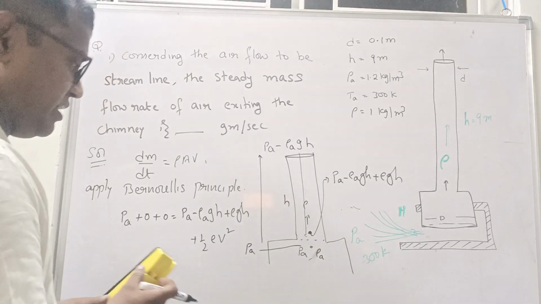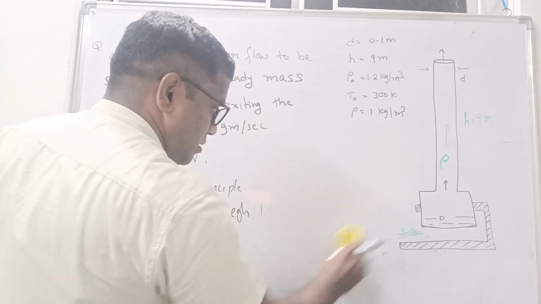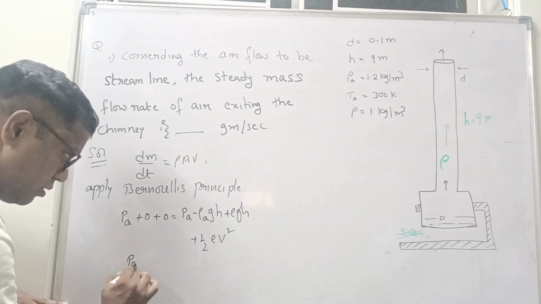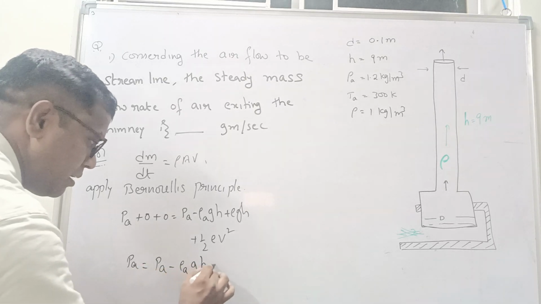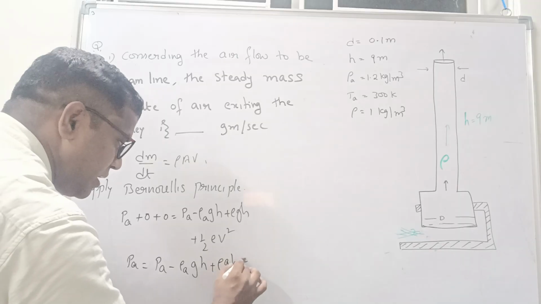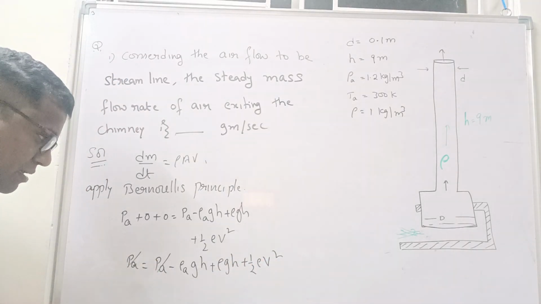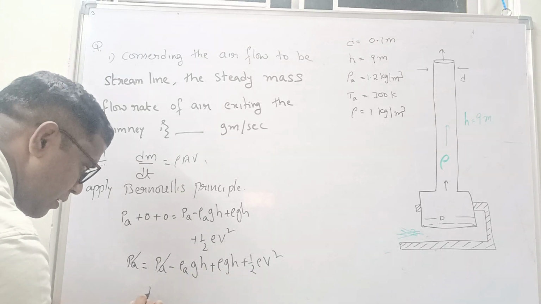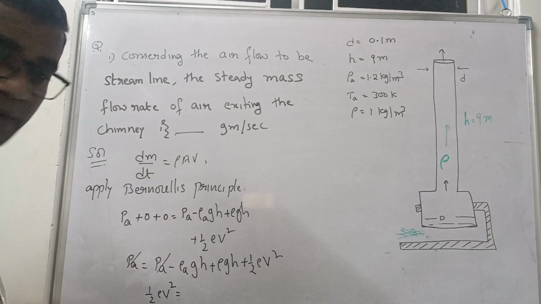So see here, I will write PA is equal to PA minus rho A GH plus rho GH plus half rho V square. So here PA gets cancelled.